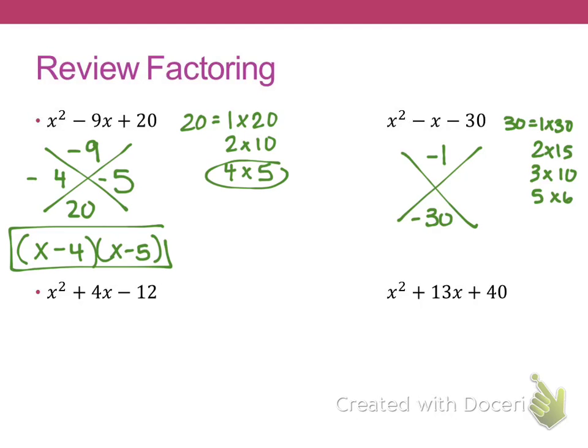So I'm looking for the ones that subtract to give me 1. So I look down my list. Okay, 5 and 6. Now, is 1 positive or negative? It's negative, okay? So I'm going to assign that negative to my larger number, and then my smaller number gets the opposite sign, which is positive. So it's going to be x plus 5, x minus 6.